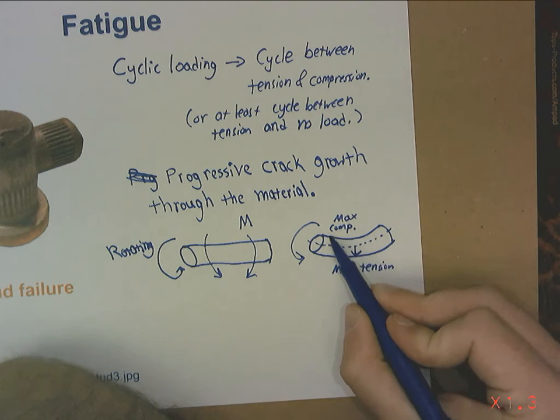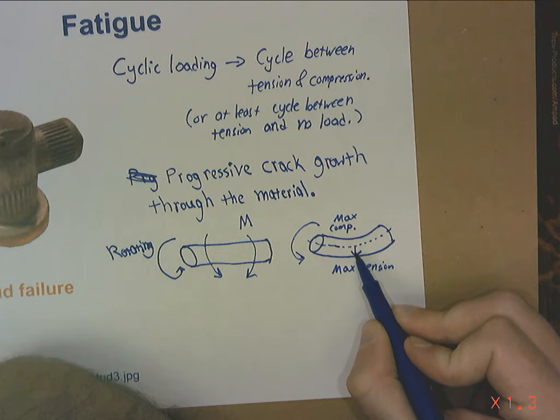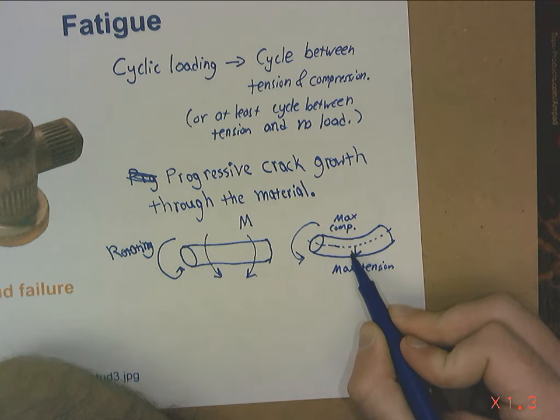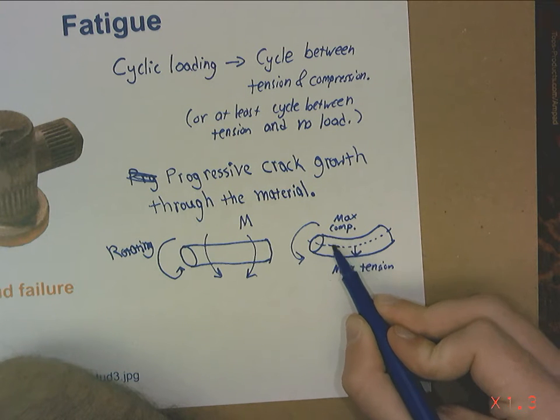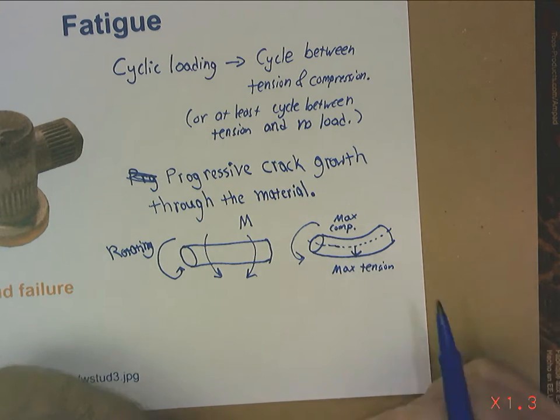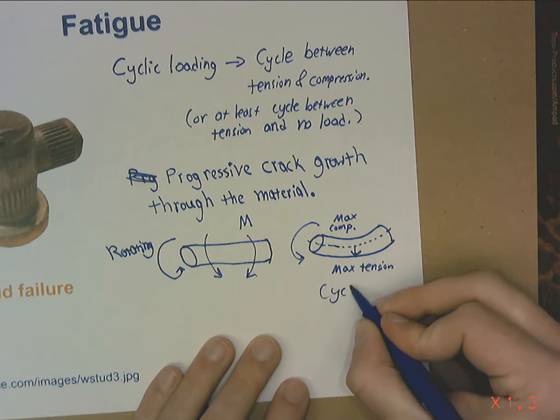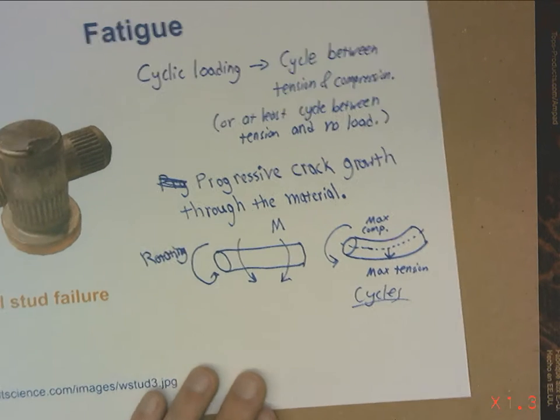When the shaft rotates, the side of the shaft that is in compression will rotate around and be in tension. Then it rotates around and is in compression. Then it rotates around and is in tension, and so on and so on. So that makes our cycles.